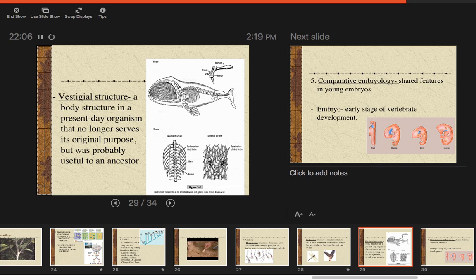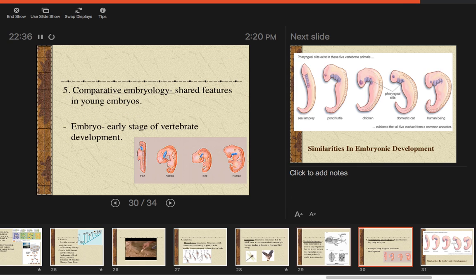This is a body part or an organ that is no longer needed, no longer used. And so again, that shows that in evolutionary history, that organ might have been needed. A lot of people think of the appendix for humans. And look at the picture there, whales have a pelvis. Well, that states that at one time they might have been on land, right? With legs. You don't need a pelvis with a flipper.